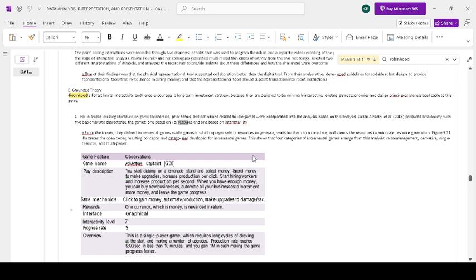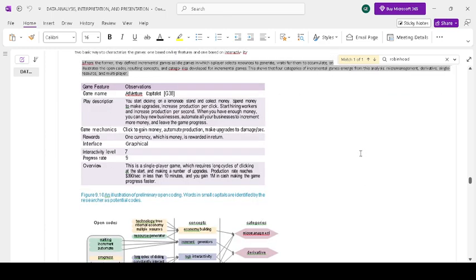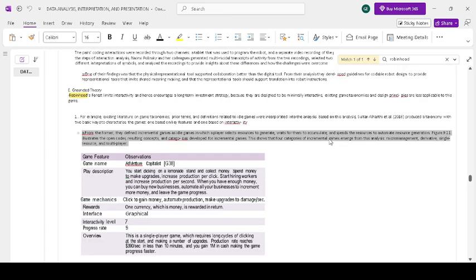The data or the main point was categorized via feature, and then the other was categorized via interactivity. From the former, they define incremental games as idle games in which player selects resources to generate, waits for them to accumulate, and spends the resources to automate resource generation.